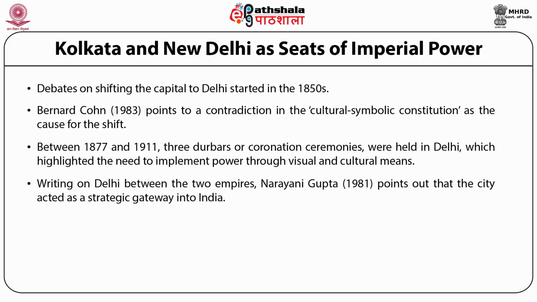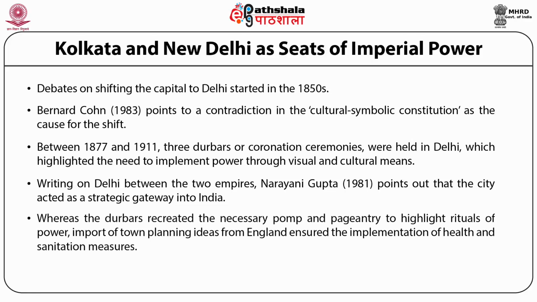To explain the way New Delhi looks today, one has to understand the need of the imperial powers to create a sense of power through visual means. Whereas the darbars recreated the necessary pomp and pageantry to highlight rituals of power.